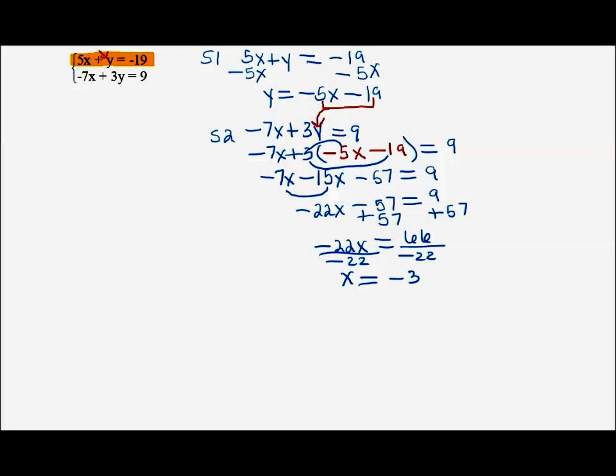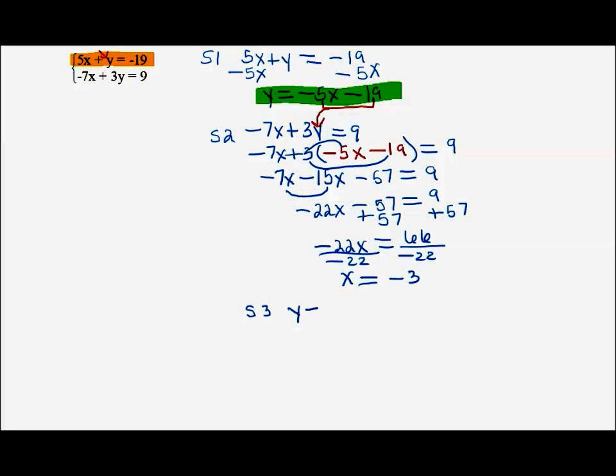Okay, so now that I know x is equal to negative 3, I'm ready for my step 3. I've solved for x. Now I need to know, well, what's the numerical value for the y? So I'll go back up to step 1. For step 1, I had y is equal to negative 5x minus 19, and I'll use that equation.